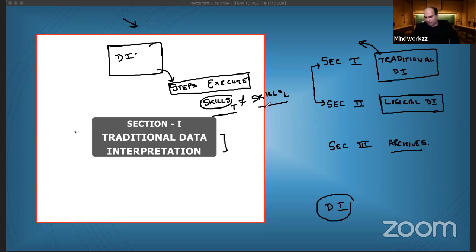And while my previous edition had a component of logical DI, which I had created using something called challenges in DI, there was a section in my 5th edition of the DI book, as you can see here.